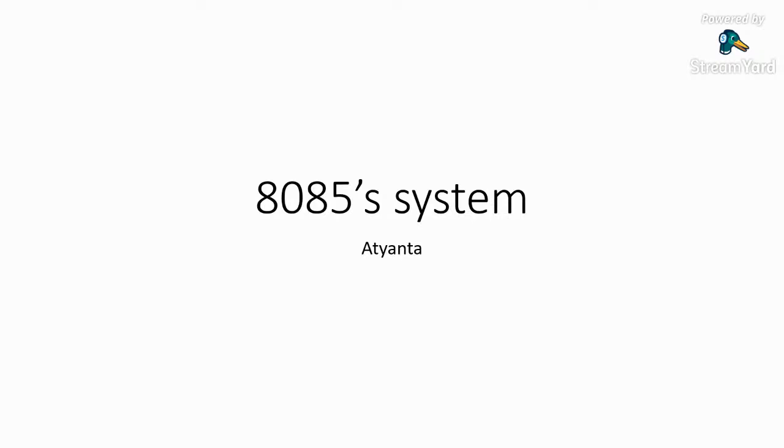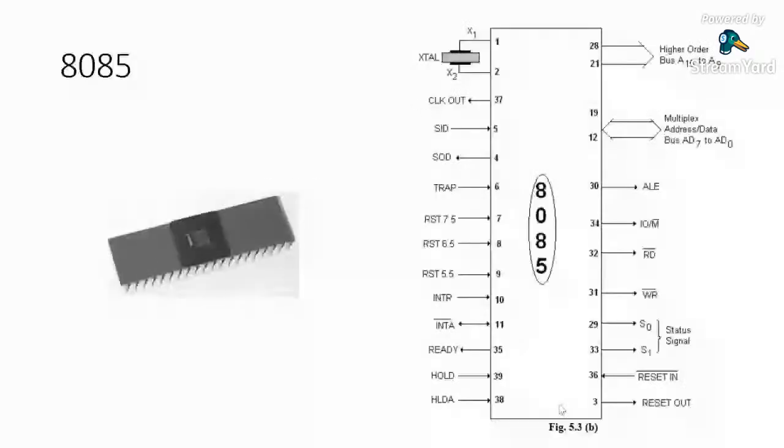Okay, we continue about the lecture. So basically 8085 has 39, almost 40. We call it 40 pins. And those pins will be divided by their function. For example, one pin is from the oscillator.